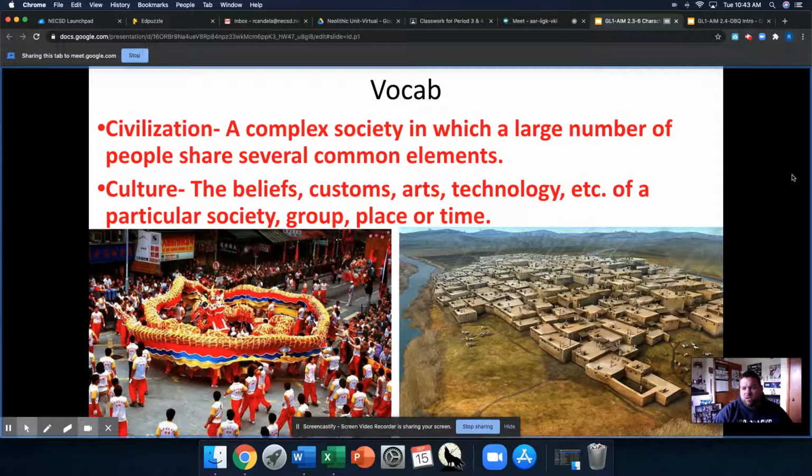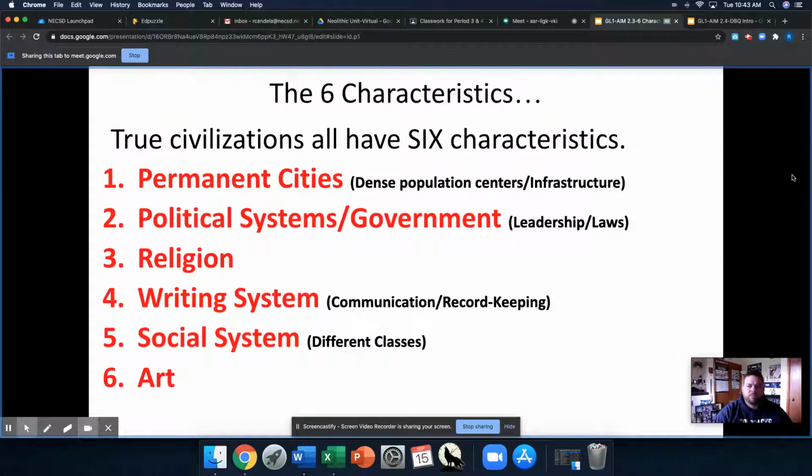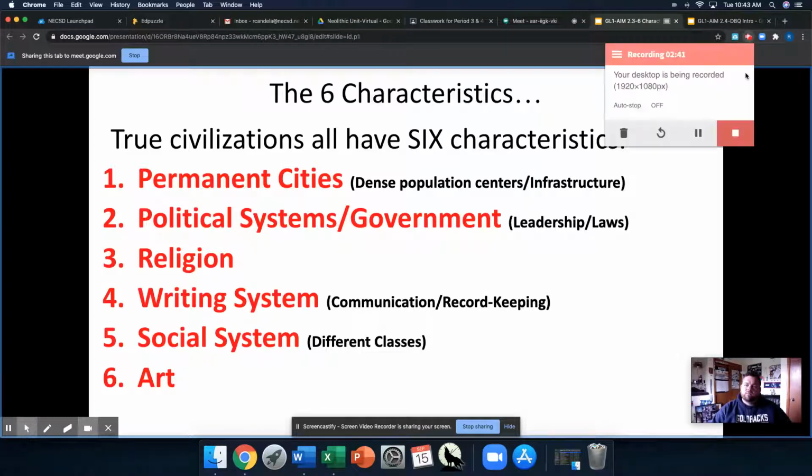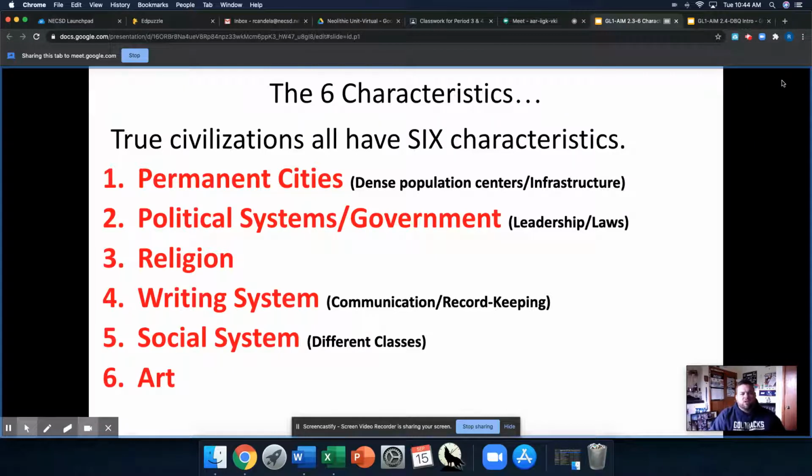Okay, there's only one more slide today, so here we go. Okay, so this topic is addressed in almost every global studies class, and different global studies teachers address this issue differently as far as what the characteristics of a civilization are.